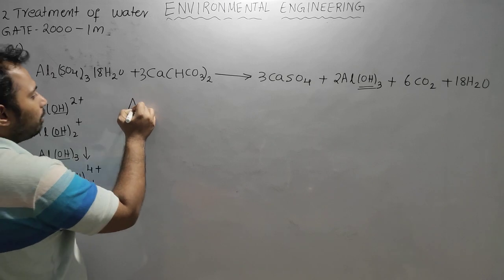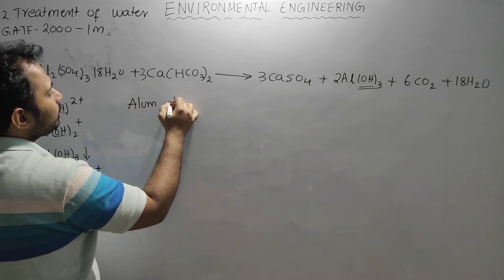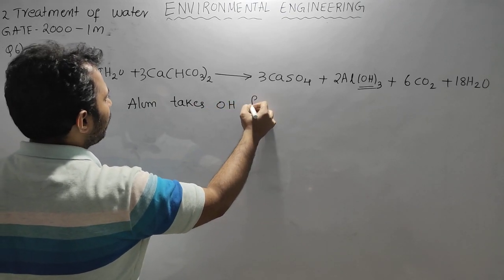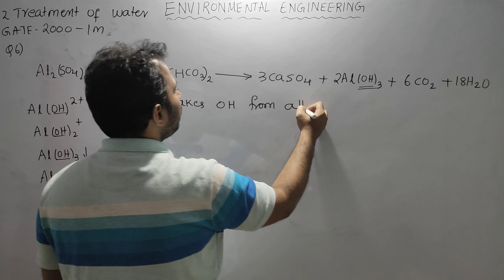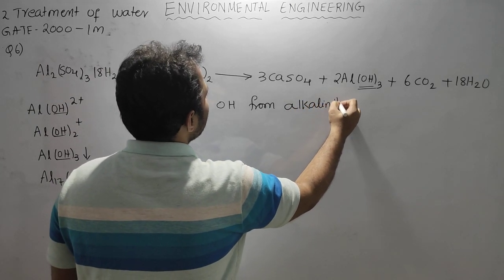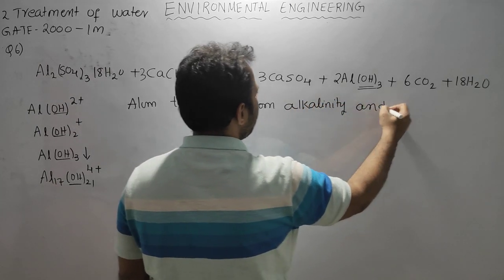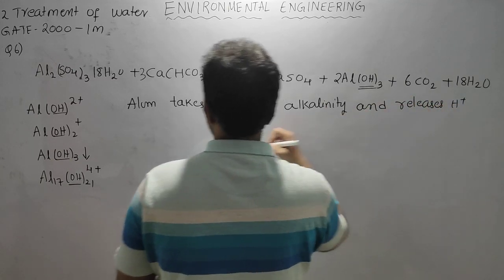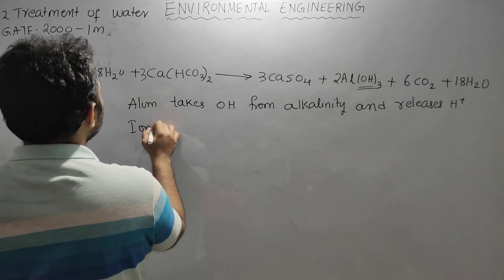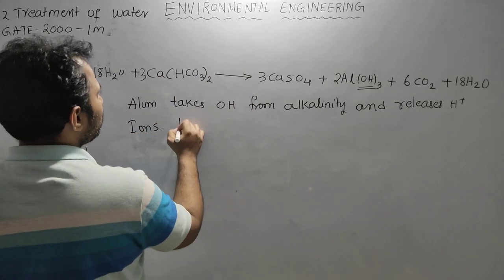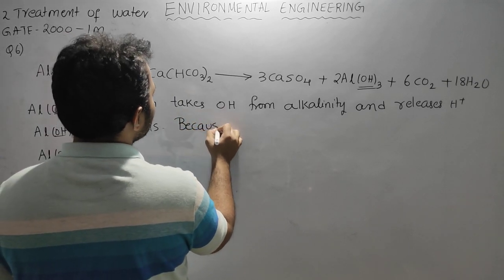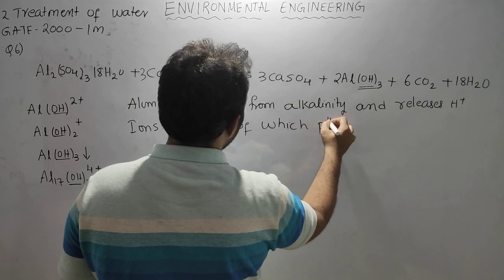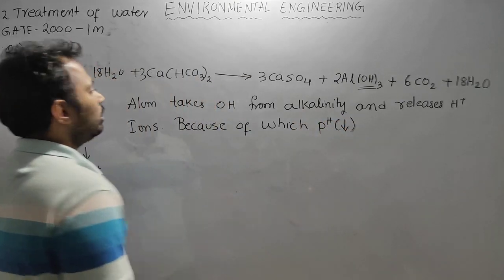So the alum takes OH ions from alkalinity and releases H plus ions, because of which the pH will reduce when water reacts with alum.